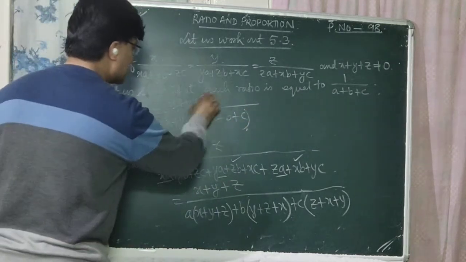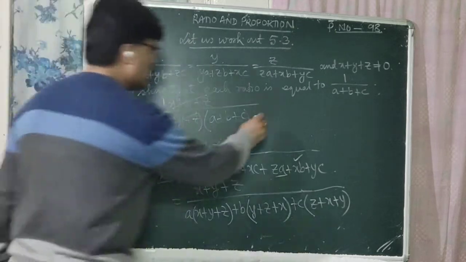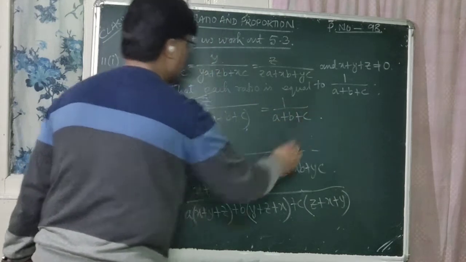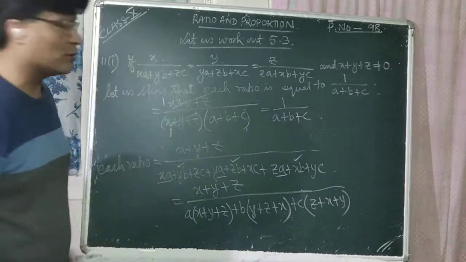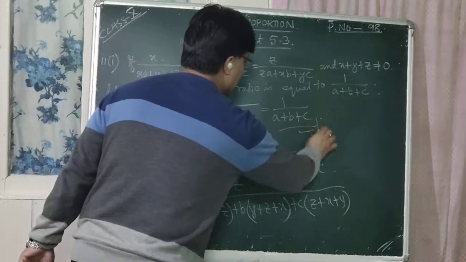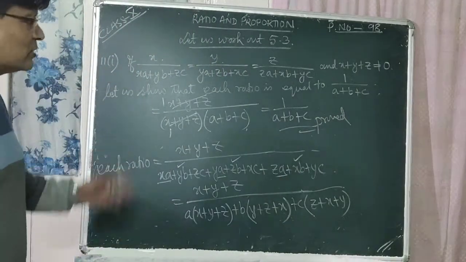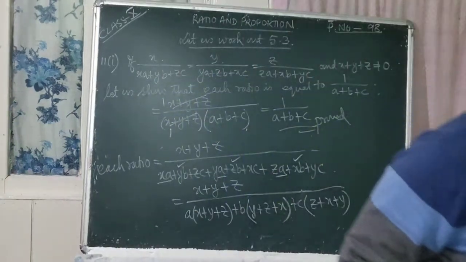So you can cancel this common term out here. This is 1, right? So which is equal to 1 upon a plus b plus c. That means we have proved that each ratio is equal to 1 upon a plus b plus c. That is proved. Understood now? So you can copy it. We'll do the next question now.